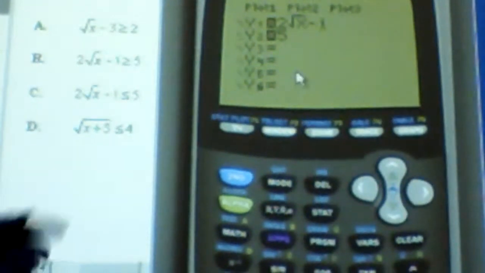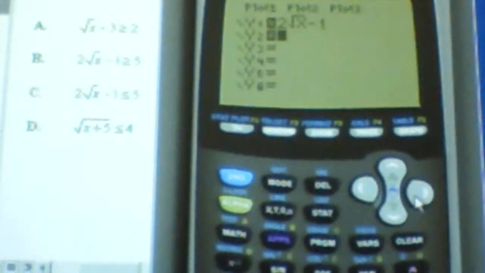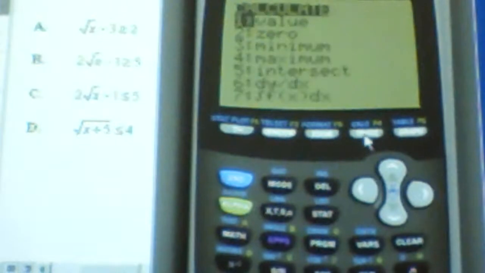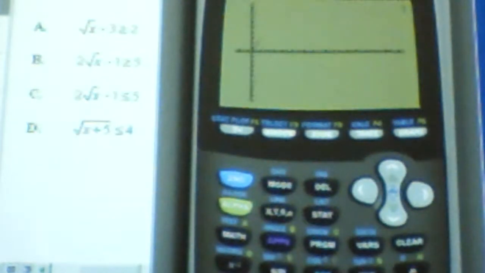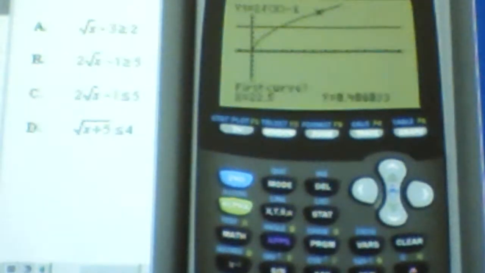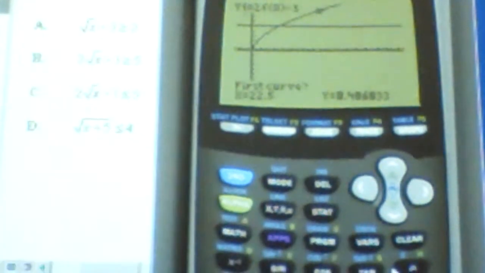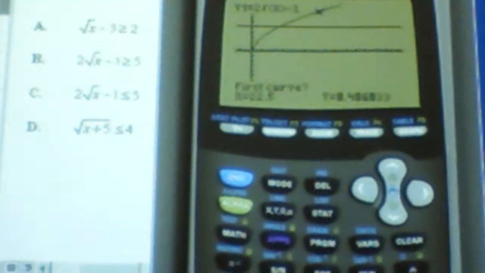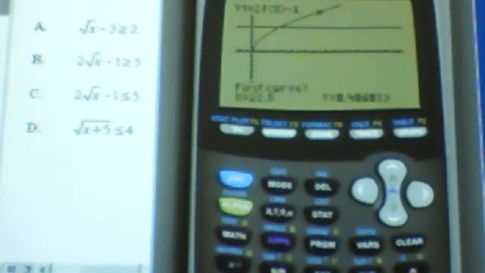Once I type in the two equations, we do a second calc for a number 5 intersect. We already set the value, so you can see why using those numbers that we used allowed us to meet over here and over here for most equations. So those are really good numbers to use.